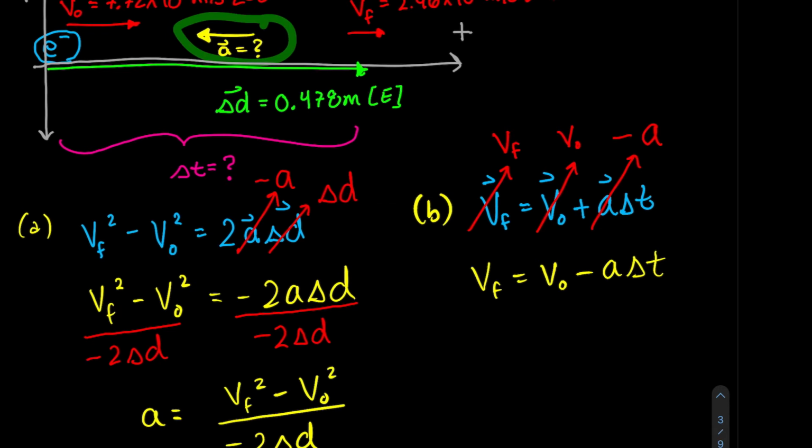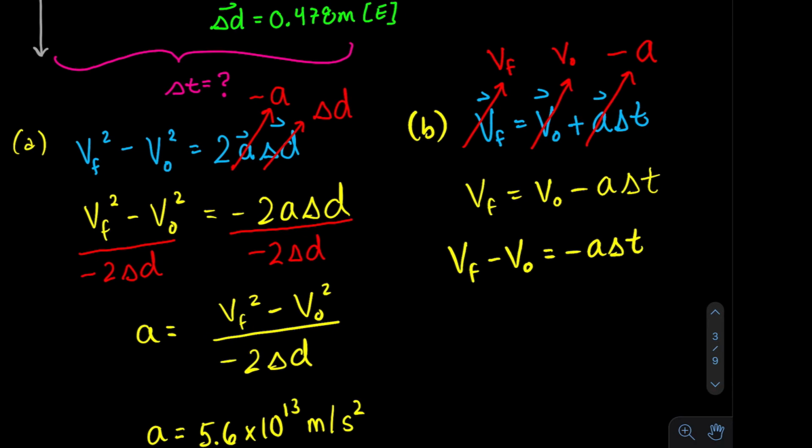Now our goal is to solve for the time interval, so we're going to have to do some algebra. So we're going to move that v initial to the other side by subtracting both sides by v initial. And to isolate for the change in time, now we're going to divide both sides of the equation by negative a.